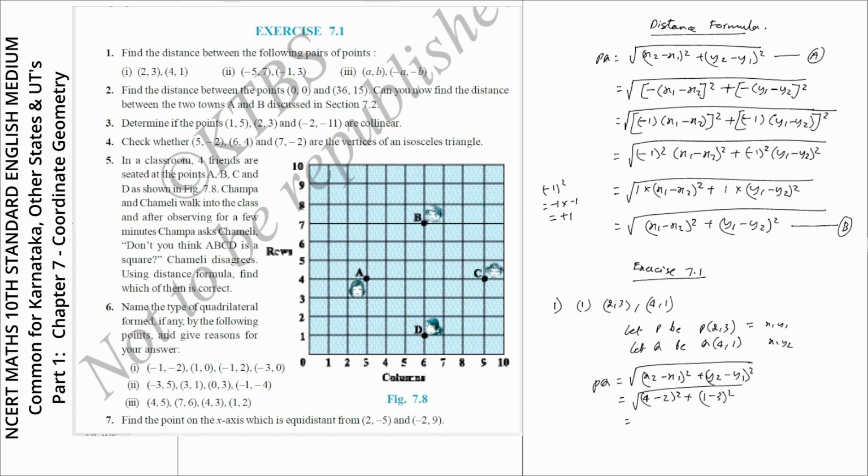So 4 minus 2 is 2, 2 square, plus 1 minus 3 is minus 2, minus 2 the whole square. So I'll get square root of 2 square is 4 plus minus 2 the whole square is plus 4.